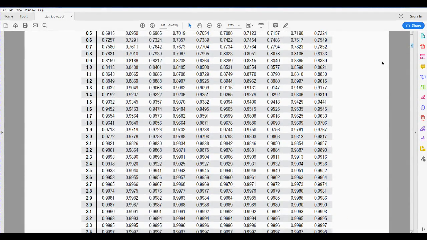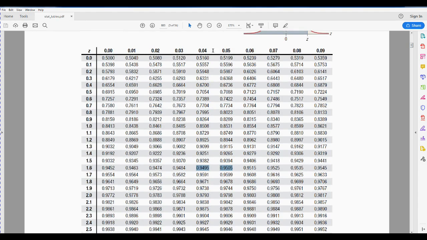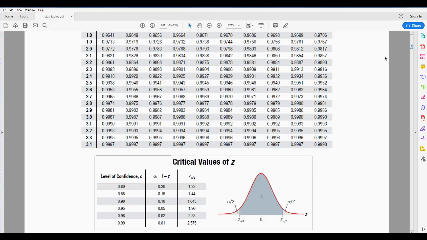So 0.95 is actually right in the middle of these two values. It's equal distance. So I do an average of those two. So I have 1.6, and then I'm going to move up here, and halfway between those two is 0.045. So 1.645 is where that comes from.